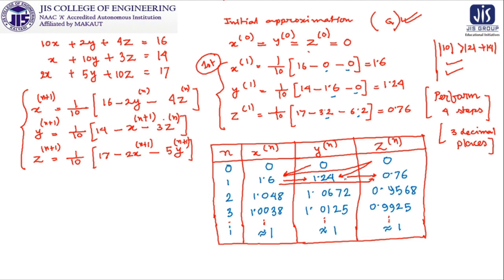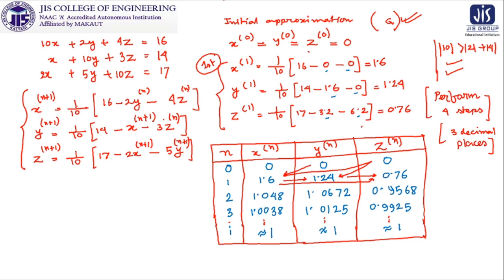So one more thing before completing this discussion: you can see that the closeness to the exact value is coming faster in z than y than x, because z is using both the updated values, y is using one updated and one previous, and x is using both the previous values. So it is one observation.